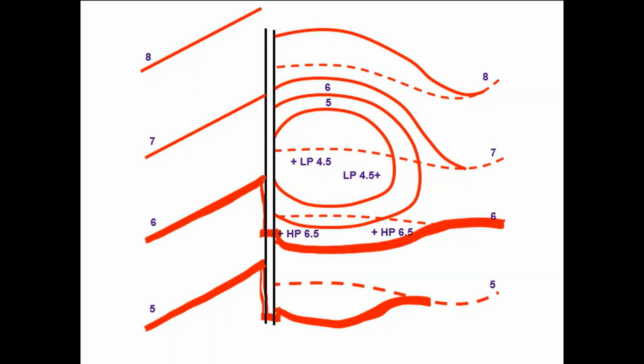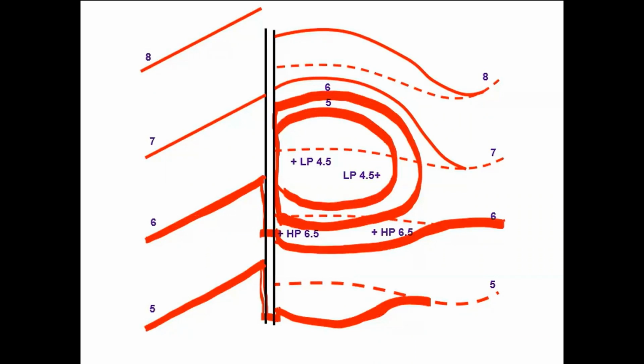Now, what's important to know here is that the second 6 contour, and you have to have that second 6 contour, connects to itself and runs right along the face of the curb.